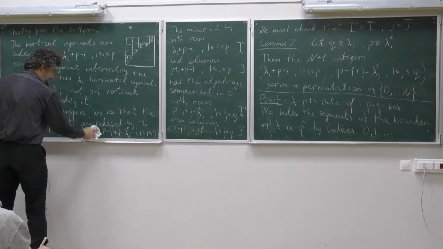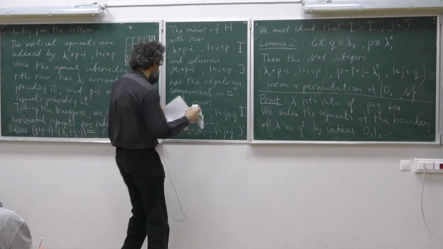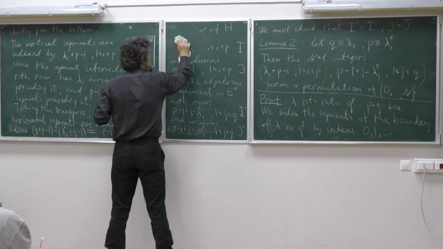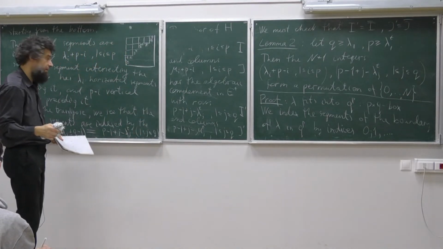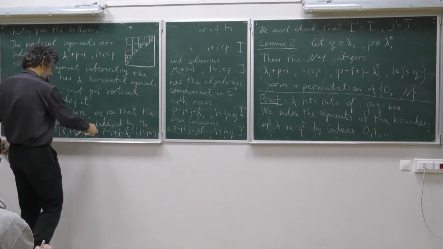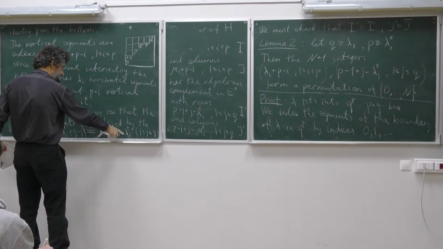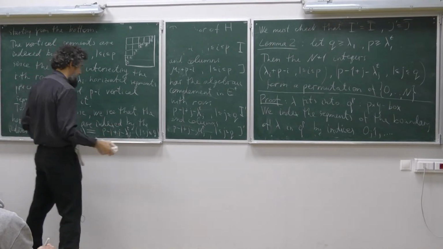Okay, and we're done. Yeah, p minus 1 plus j minus lambda j transposed.